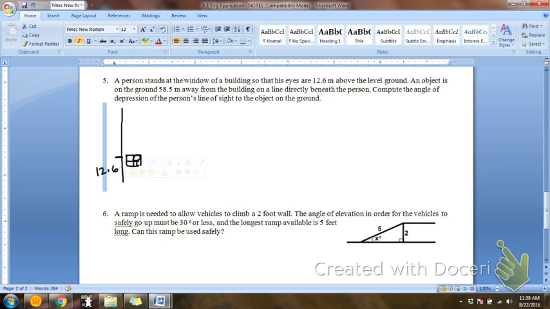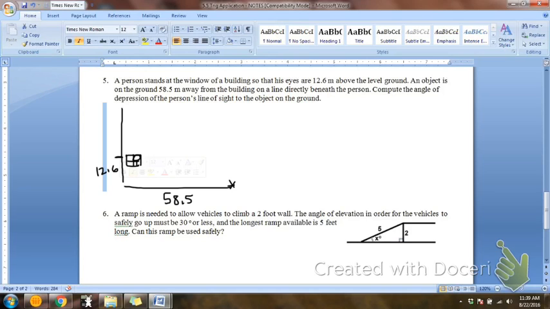An object on the ground is 58.5 meters away from the building. Okay, so I have something over here that's 58.5 meters away. Compute the angle of depression of the person's line of sight to the object on the ground.